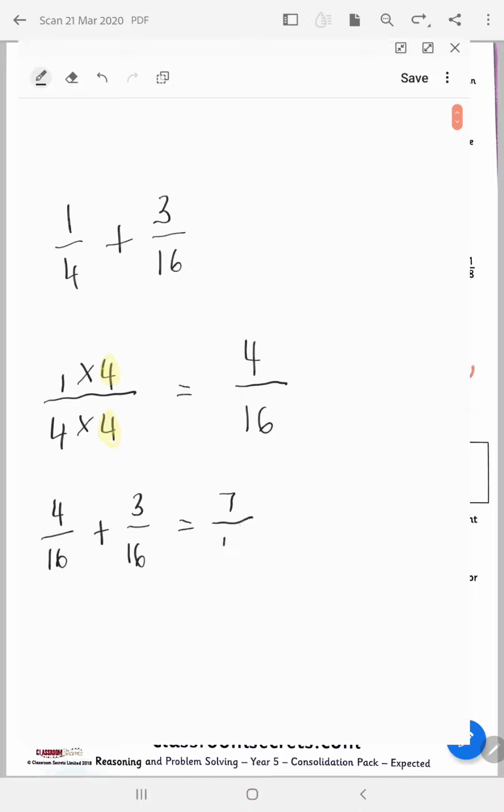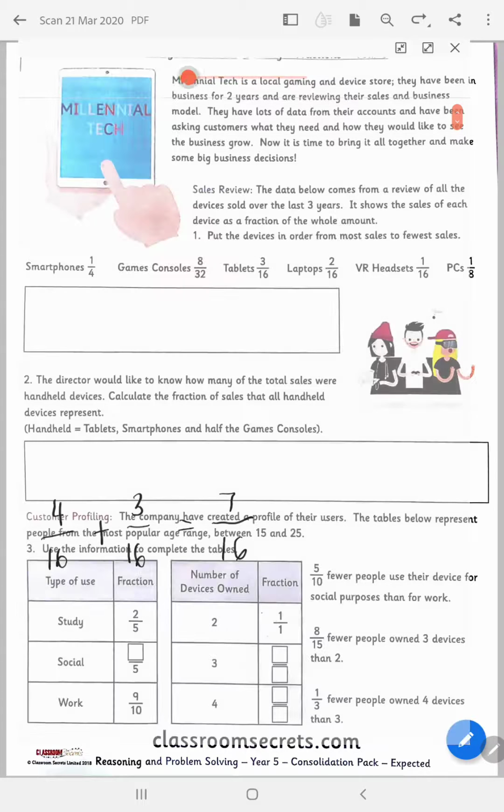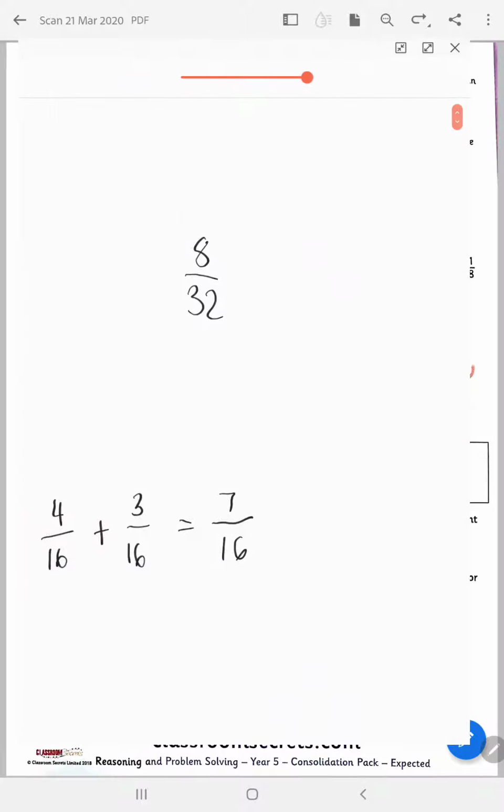So you've got your 7/16. Now we've added those, we can start looking at our half of our games consoles. Our games consoles are 8/32. So let's have a look at what we can do.